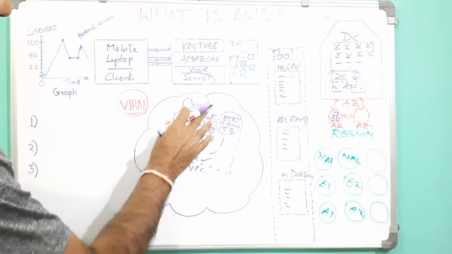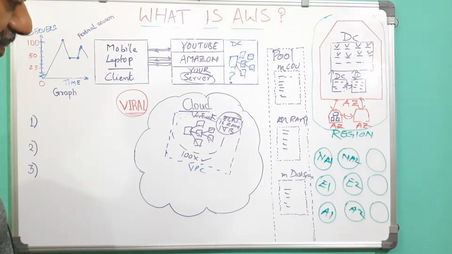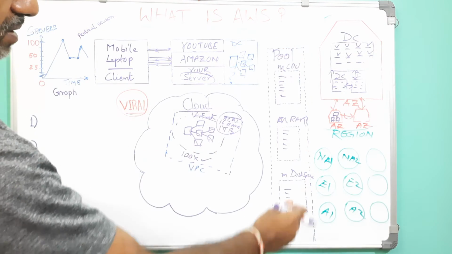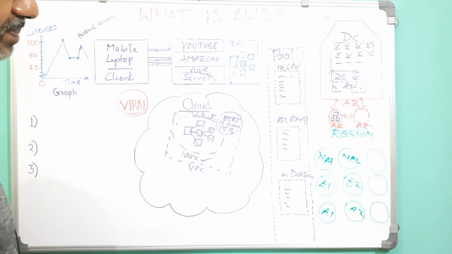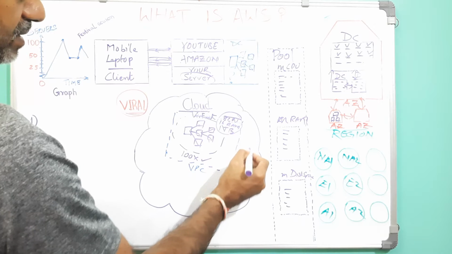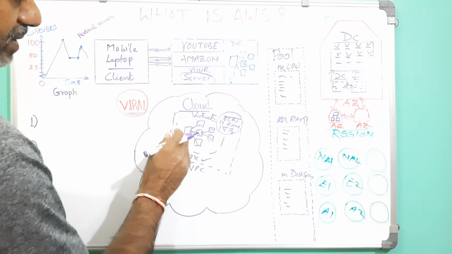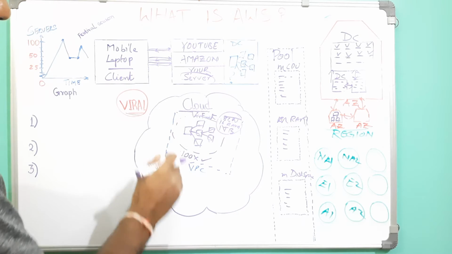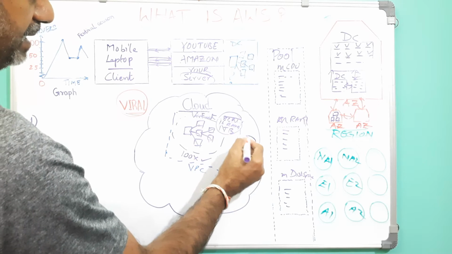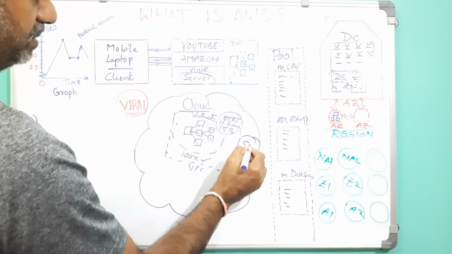So to be able to provision this, what Amazon has done is, using this pool of virtual computing power, they have created a lot of services which enable you to provision these servers on your own. So they have created a service called S3.